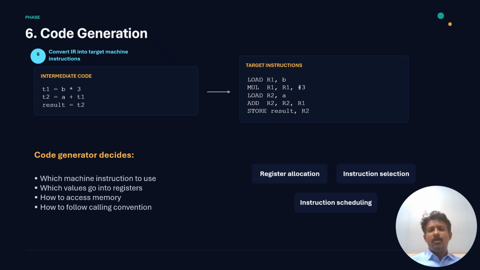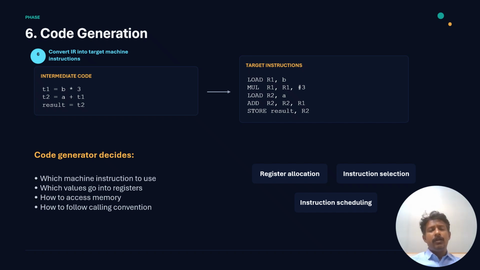Code generation is not just simple word by word translation. The compiler has to decide which machine instruction should be used. It also decides where values should be stored. Some values may be stored in registers. Some values may be stored in memory.